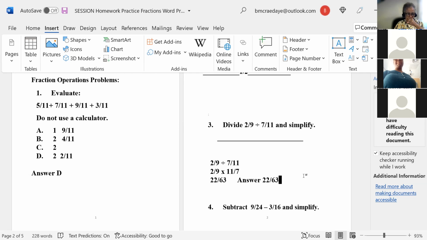Okay. Now let me do another division, because I just knew everybody would have that one right. Now, divide 3/7 by 2/11.